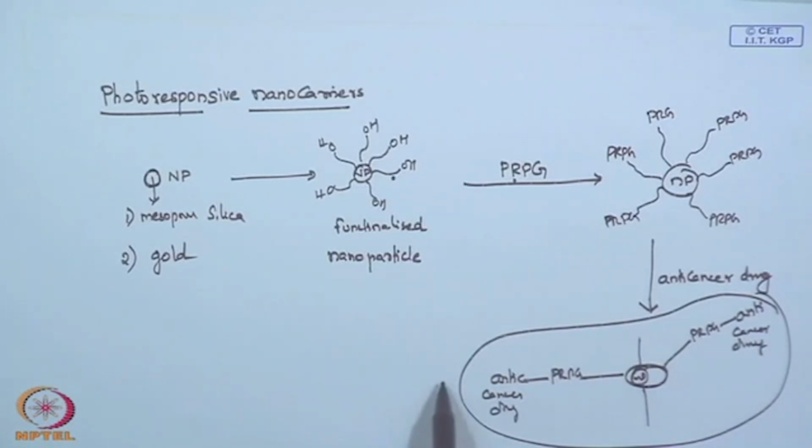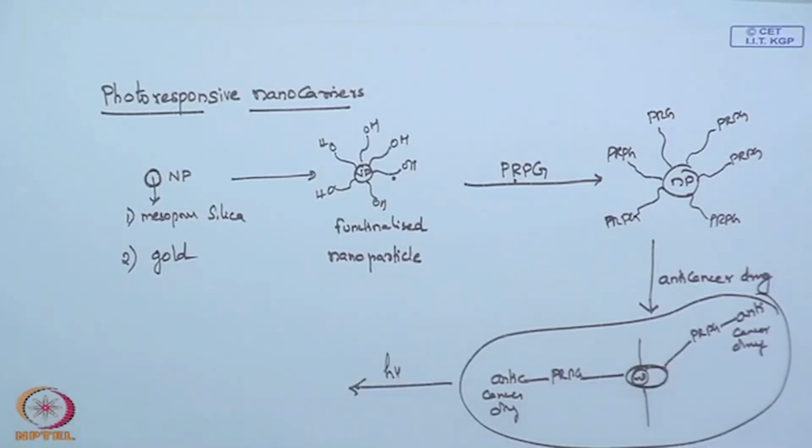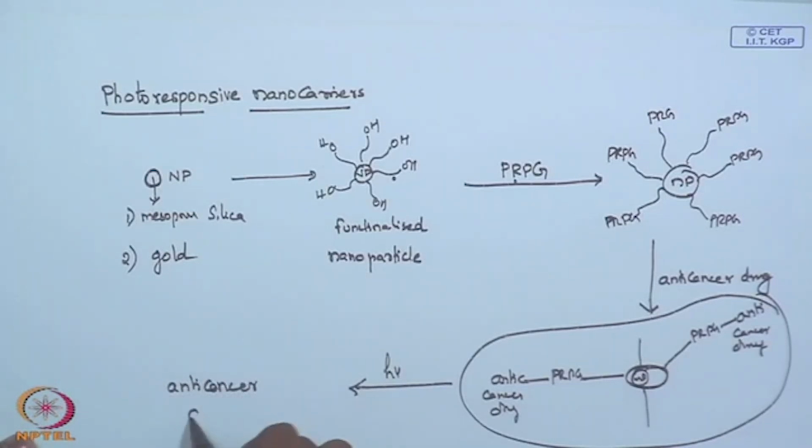Now, if you shine light on this, the whole system gets into the cell. You shine light on it and you can see the anti-cancer drug is released in a controlled fashion. So that is a new area slowly coming up.